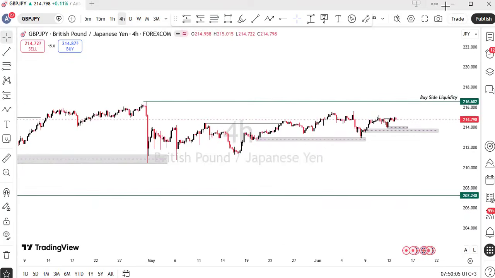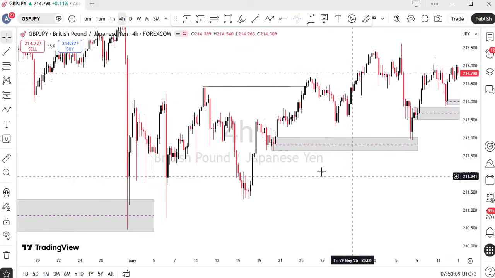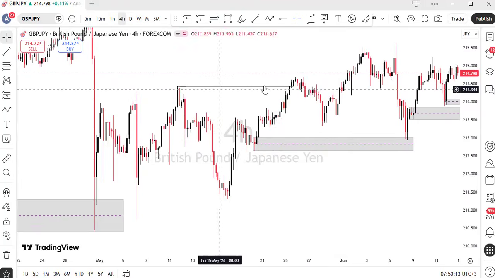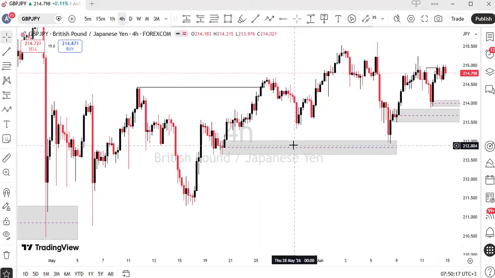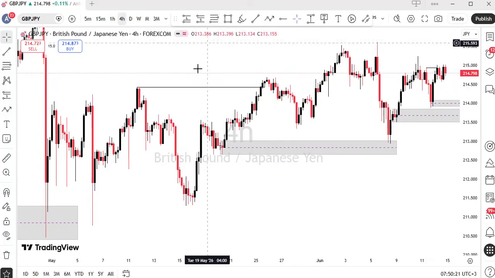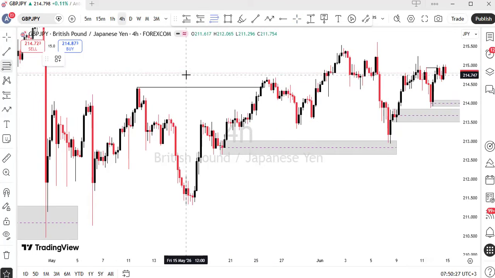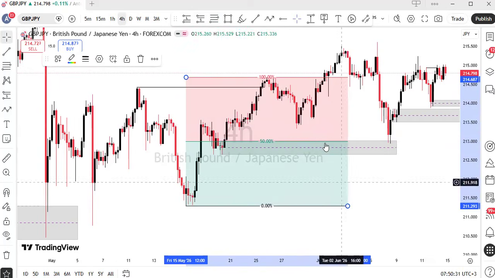So going to the 4 hour, this is the last place I saw a good structure. You can see we have this break of structure. Now, this is why I'm telling you it's very important to wait for the market to come to the discount. If you look at this pullback, if I place my fib from that high to this low, do you see the market never came to the 50%?